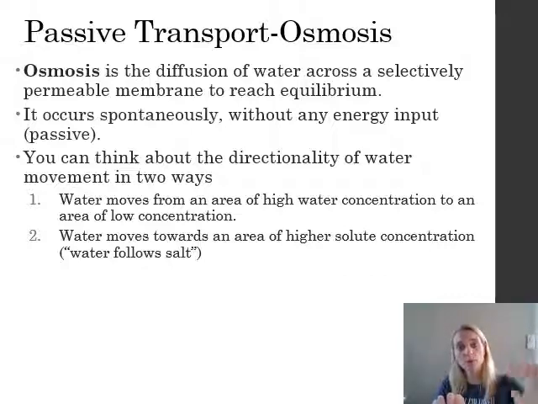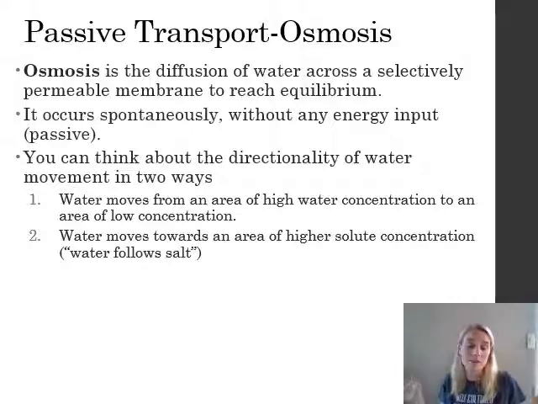So if this is 100% water, 0 solutes. And if this is 50% water, what's the other 50%? Solutes. So water will also go towards the higher solute concentration. So you can see my hand is moving in the same direction from high water to low water, 100 to 50%, or towards a higher solute concentration from 0 solutes to 50% solutes. So your choice.